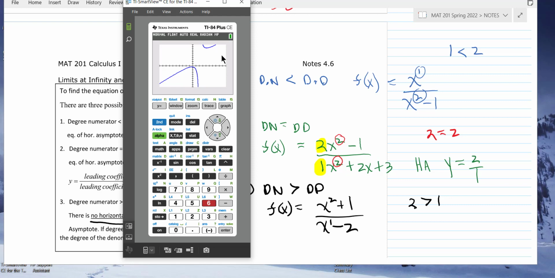You're going to see this graph keeps getting bigger. If I go to my table of values on this, what you're going to see is as x gets bigger and bigger, so does y. So if I scroll down this list forever, y is not going to come to some value. It's just going to get bigger forever.